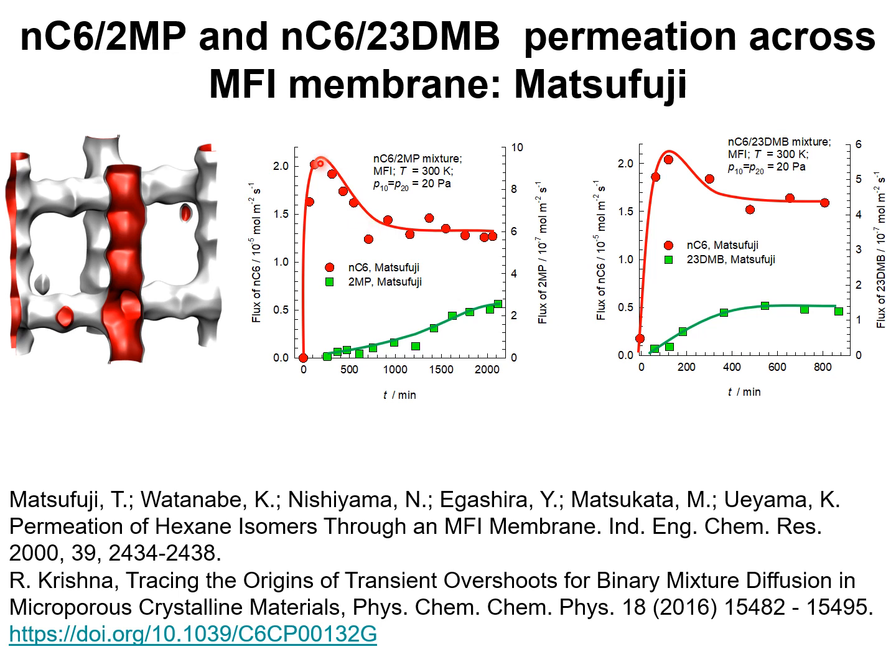And this value of the flux reduces to the steady state value at long times. The same holds for permeation of mixtures of normal hexane and 2,3-dimethylbutane across an MFI membrane. The modeling of these experiments was carried out and published in this paper, and I will discuss the simulation results in the subsequent slide.